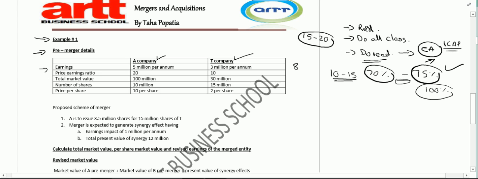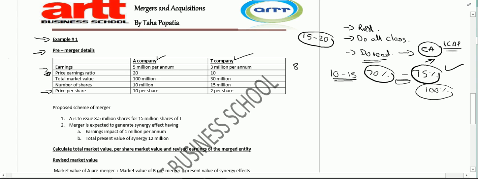Price to earnings ratio, as discussed in class, is generally used in exam questions to value the shares, and this is important information. Total market value, number of shares, and price per share.